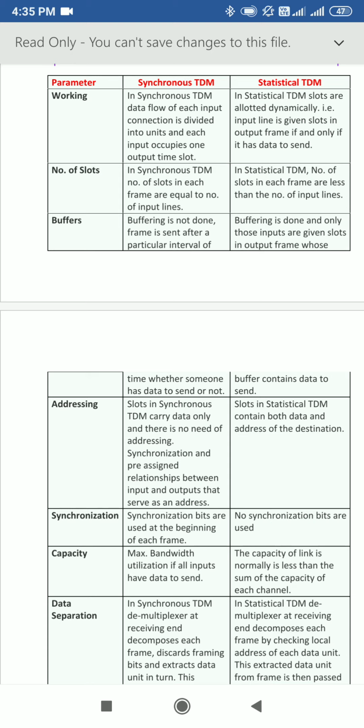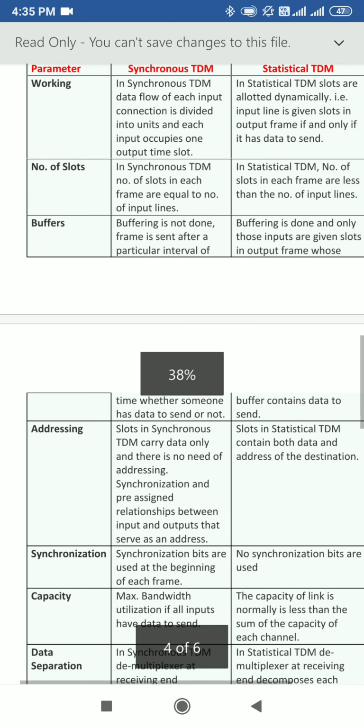Then the second difference is about the number of slots. In synchronous TDM, the number of time slots within each frame will always be equal to the number of connections or devices. But in statistical TDM, the number of slots in each frame will always be less than the number of connections or devices. And the third comparison is about the buffers.